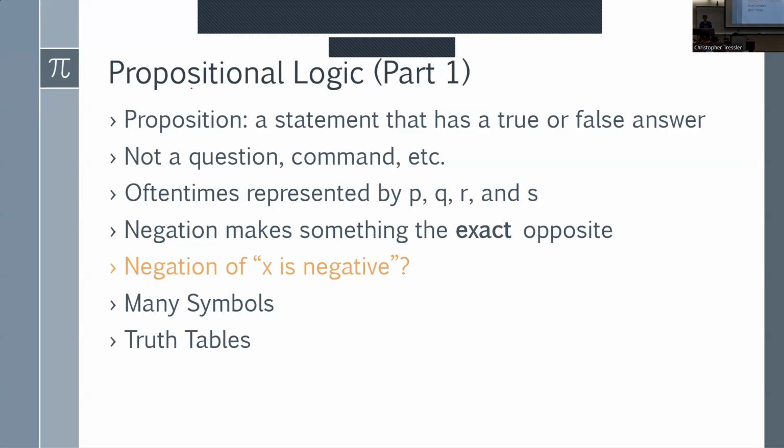Is 0 negative? No, it's neither. It's a natural number, which you go over more in sets later on, but because it's neither positive nor negative, it is still not negative, but it is not positive. Therefore, the answer to that question would not just be to say x is positive, it would be to say x is not negative, or x is greater than or equal to 0, right?